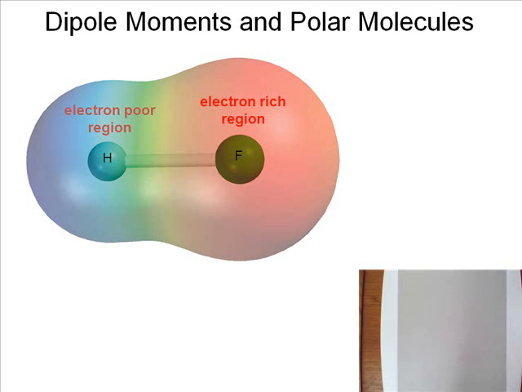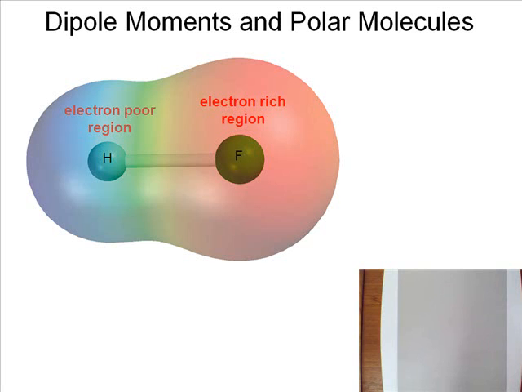And the result is that when the two form a bond, the fluorine atom will exert a greater pull on the electrons that make up the entire molecule, not just the ones that are involved with the hydrogen and fluorine linkage, but all the electrons that make up the cloud around the entire molecule are influenced by the fluorine.